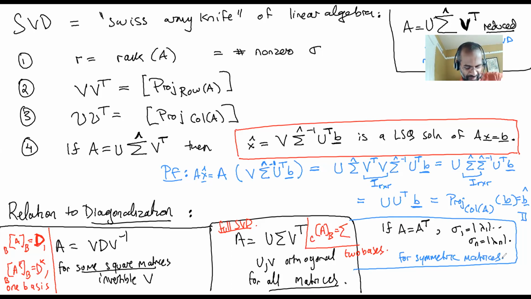But what I encourage you to do is really incorporate this into your web of concepts, because it is related to a lot of things, and it's also different from a lot of things. Like singular values are not the same thing as eigenvalues, right? For symmetric matrices, they're closely related, but in general, singular values are not the same thing as eigenvalues, and can have no relation to them also.